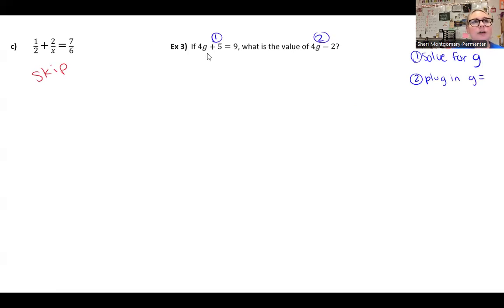So first step, we've got this problem and we're going to solve for g. I like that problem. Why? Because it has 2 steps. I like 2-step equations. They're easy. So from here, what would be my first step? Yep, we're going to subtract 5.